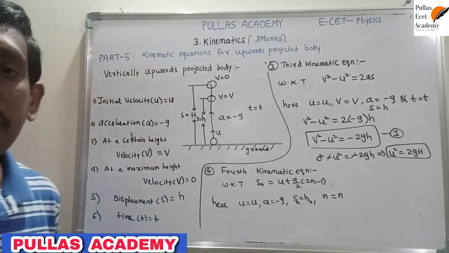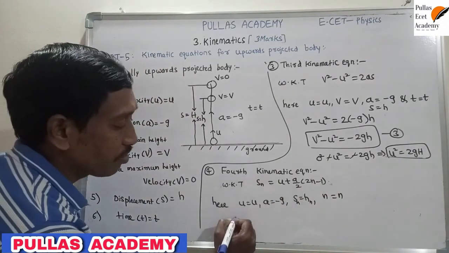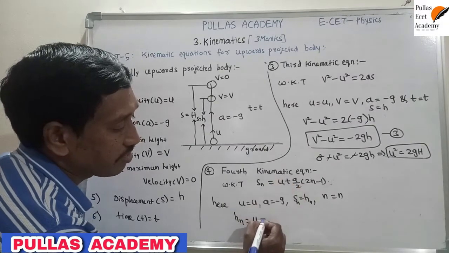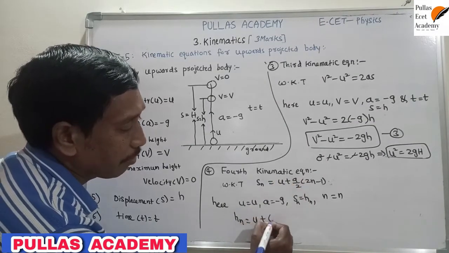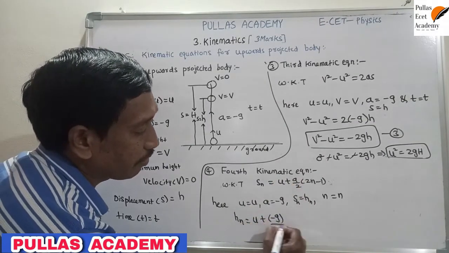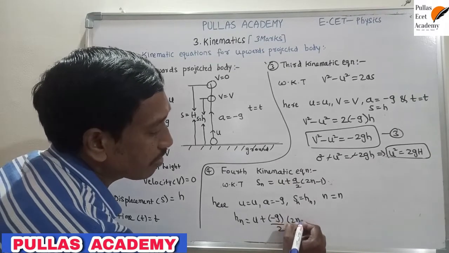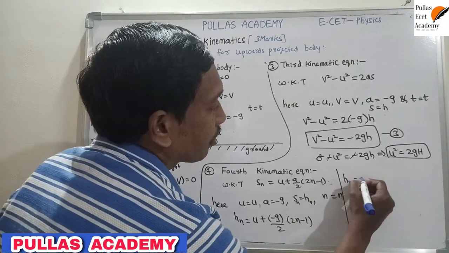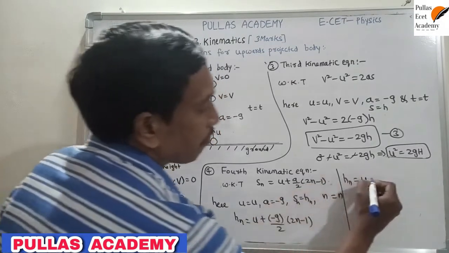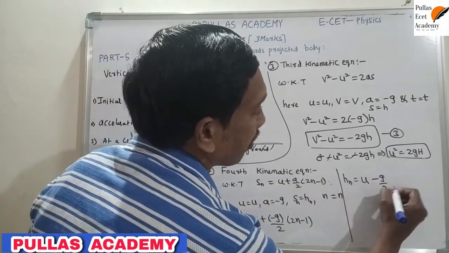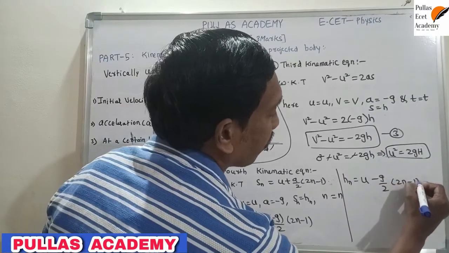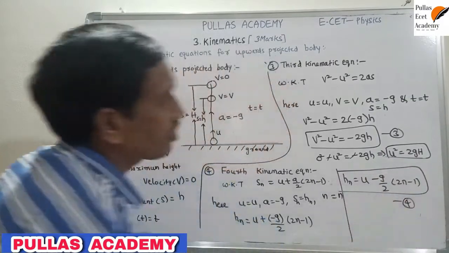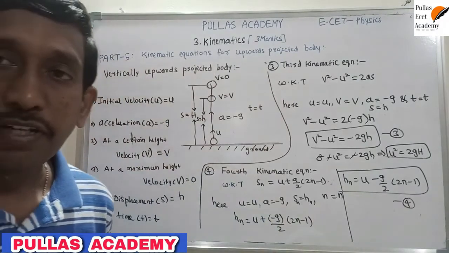Substitute all these values and you get hn is equal to u plus (minus g) by 2 into 2n minus 1. So hn = u - (g/2)(2n - 1). This is called the fourth kinematic equation for an upwards projected body.